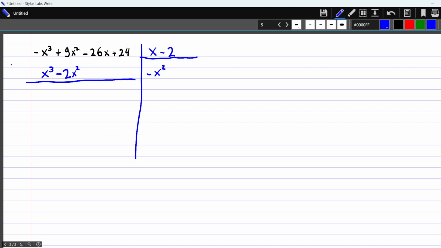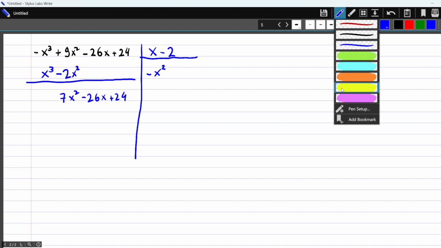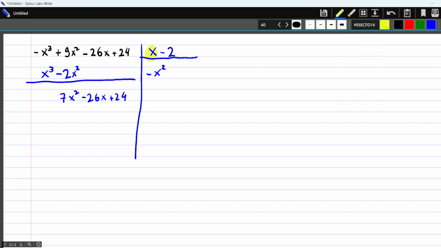So, what do we have next? Minus x to the third power plus x to the third power is 0. 9x squared minus 2x squared is 7x squared. 7x squared minus 26x plus 24. And now, what do I need to multiply x with to get 7x squared?